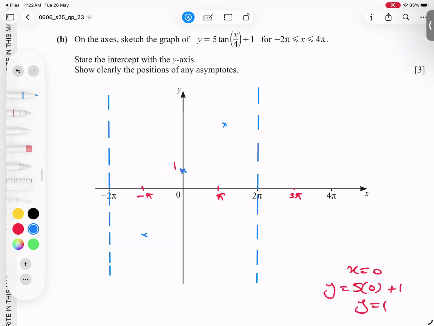Now the graph will be like this. Or I can drag this point slightly down, no problem at all. Let me erase.